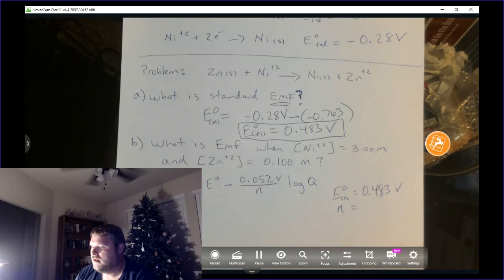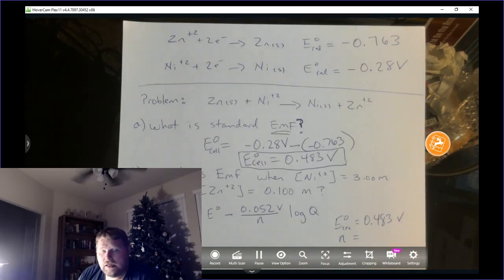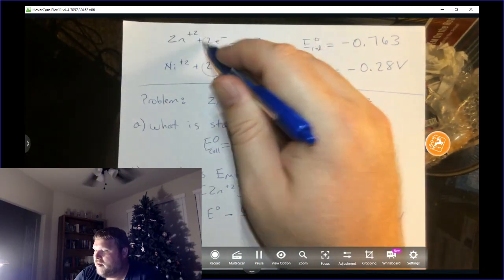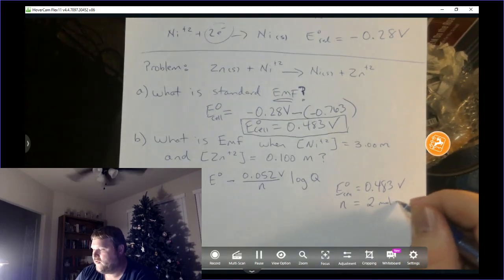For n, we may need to go back to the top and look at our equations. Here I can see I added these up. Both of them were 2 electrons, so it canceled. So here n is 2 moles of electrons.